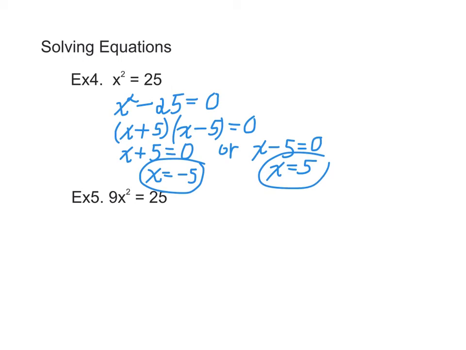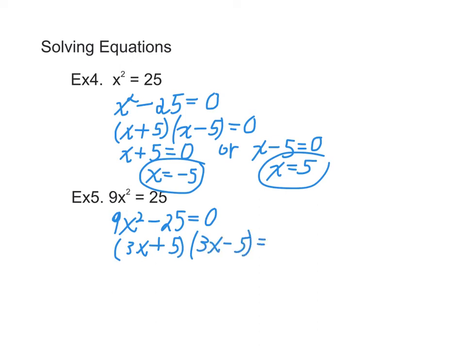Same thing's true in this next one. If you subtract the 25 from both sides to begin with, we have a difference of squares. 3x plus 5 times 3x minus 5. The zero product property says one of these things must be 0.